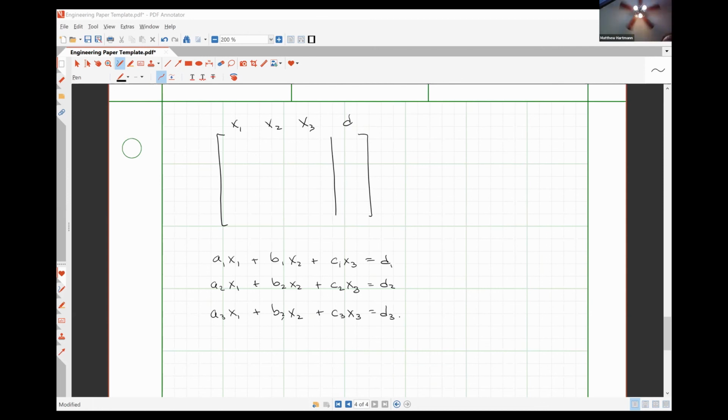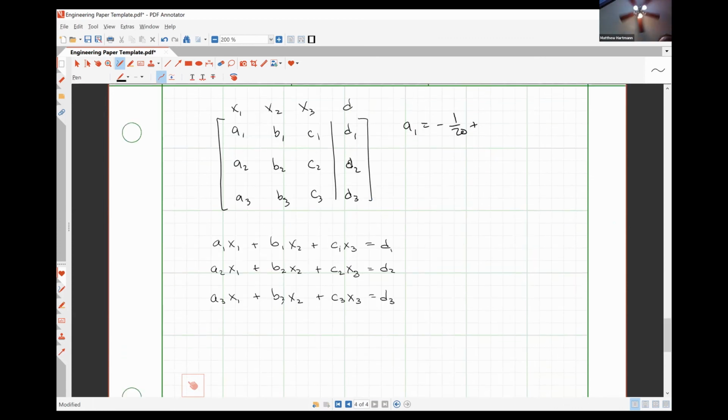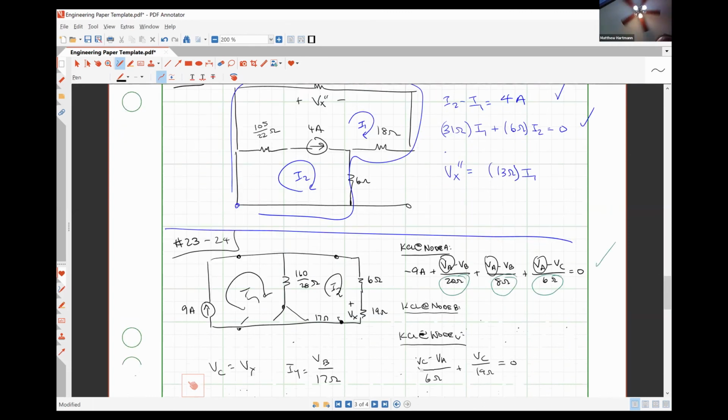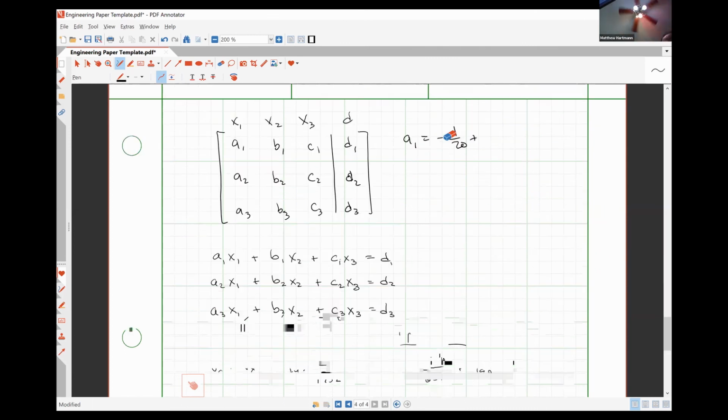So you would put into your calculator A1, A2, and A3, B1, B2, and B3, C1, C2, and C3, D1, D2, and D3. So for our example, A1 is -1 over 20 plus positive 1 over 20, positive 1 over 8, and positive 1 over 6.